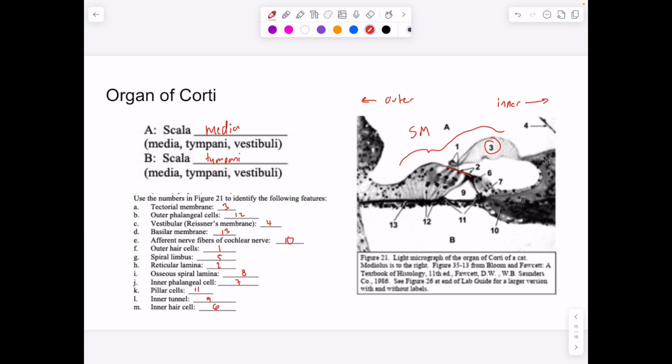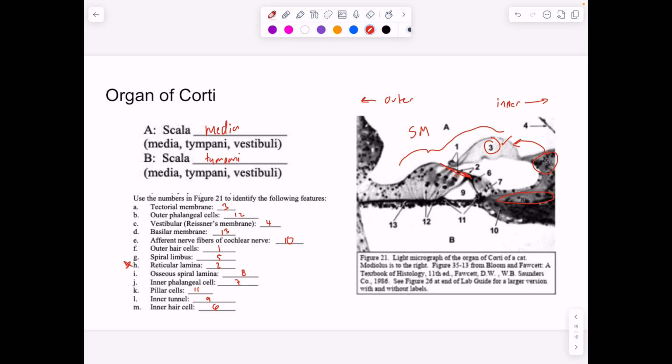You have the osseous spiral lamina, which is just a continuation of the modiolus. You have the spiral limbus, which is producing the tectorial membrane, which is right here.